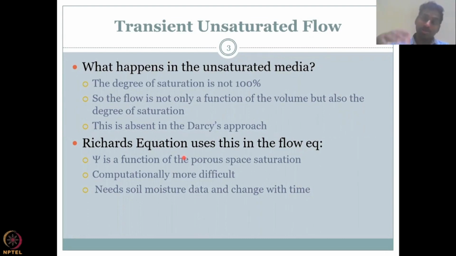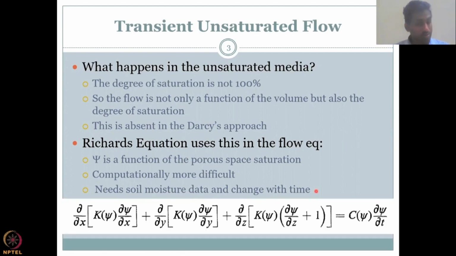It is introduced into the previous equations derived from Darcy. So to understand how the degree of saturation can play a role in your groundwater equation. It is computationally more difficult. Just look at the equation, how it has been spread out.